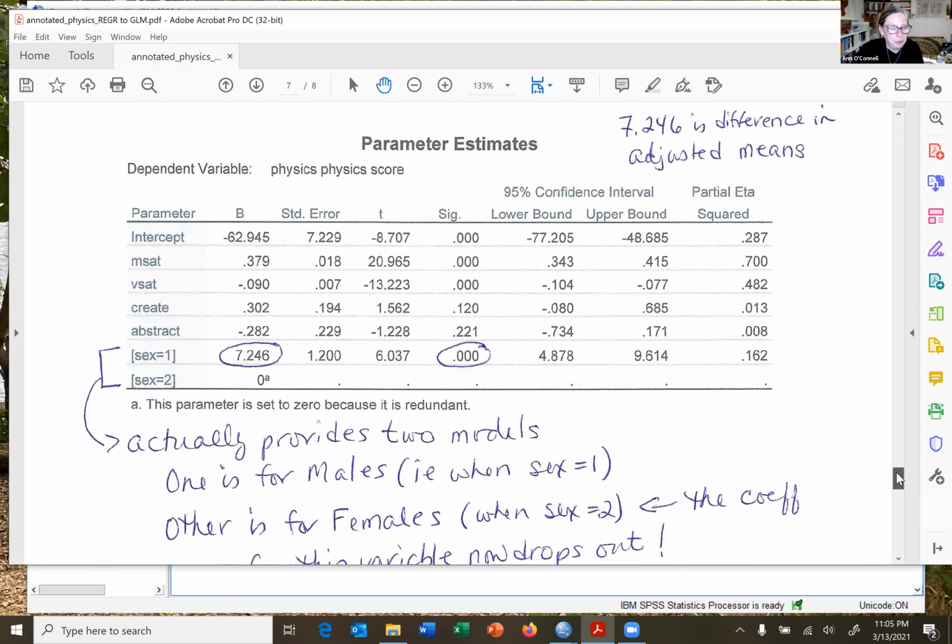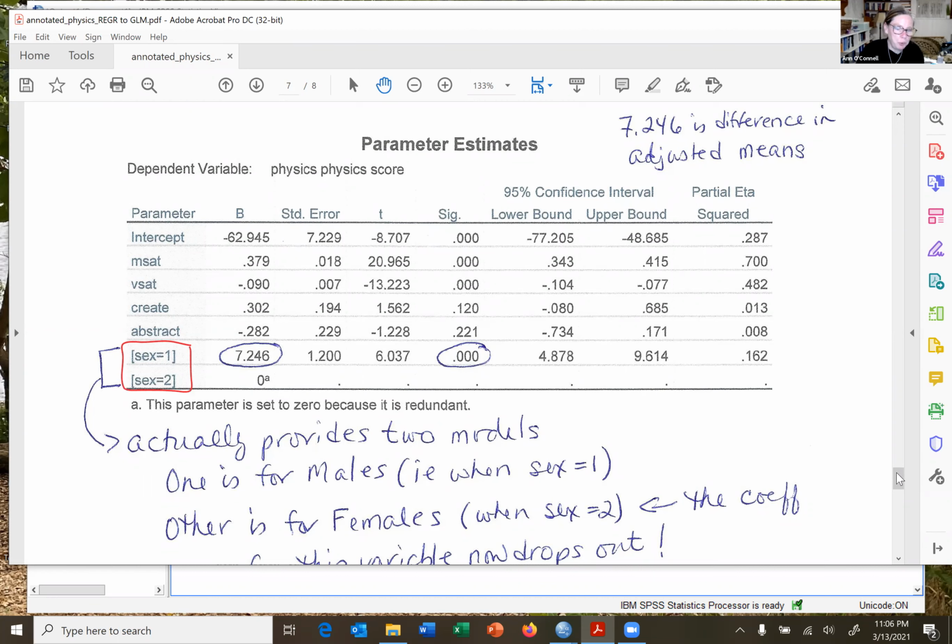Now we have our parameter estimates, or our regression table. We can see here that it looks slightly different because for sex, we actually allowed SPSS, the GLM routine, to categorize or code those variables in a way internal to the design.